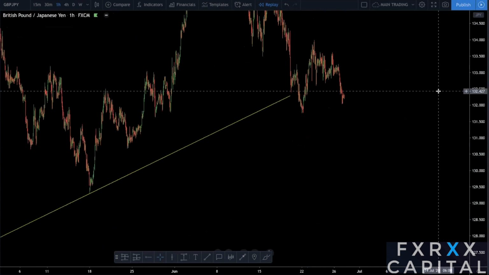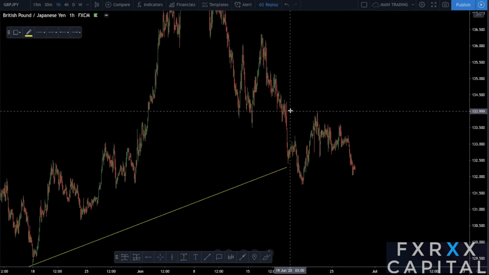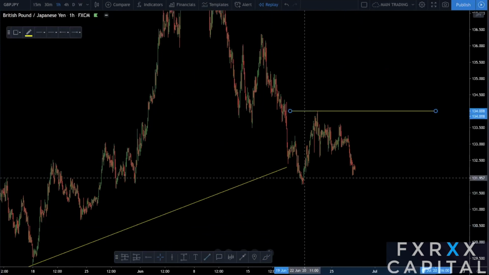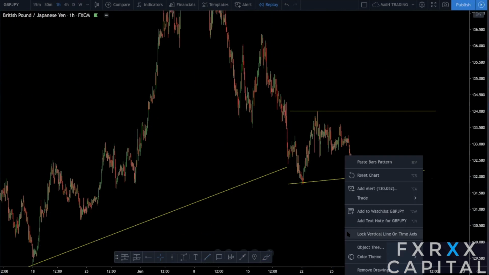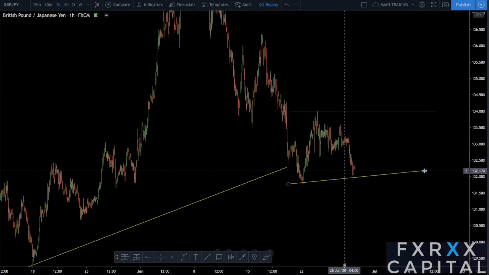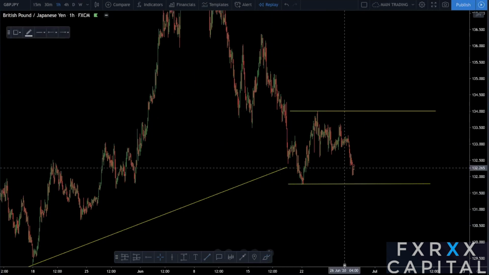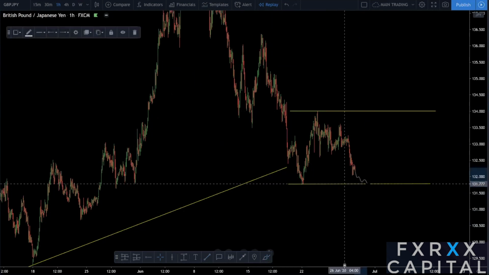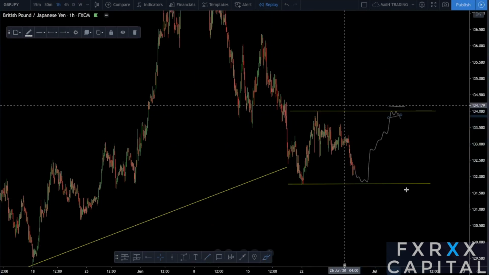Okay. So this is considered one structure. Draw one vertical line here, one vertical line here. So I visualize that the price is going to create one bear flag. Okay, I just wait. Price creates another test here and double top, then entry sell.